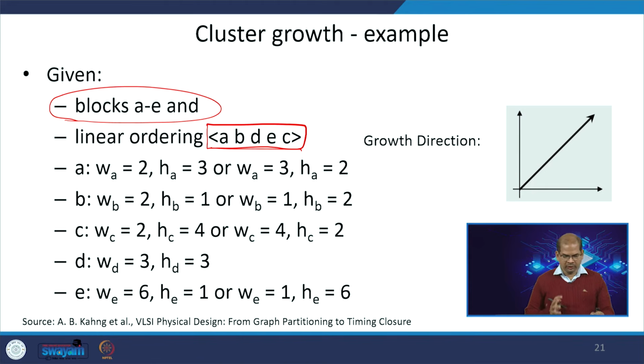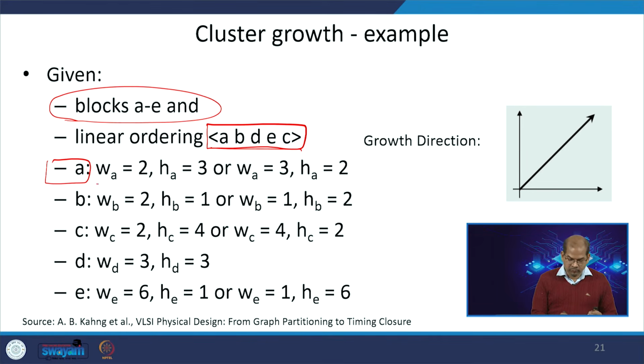Then what is given to us? All the blocks are given, the ordering is given, and then the aspect ratio. Aspect ratio means in what different orientations you can place the same block. Let us consider block A. It has two orientations, one horizontal and one vertical.